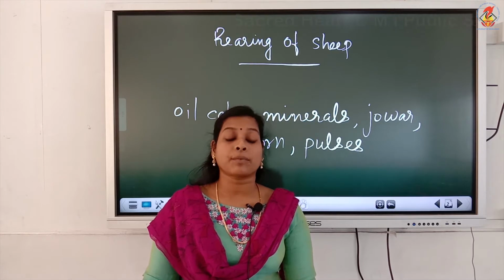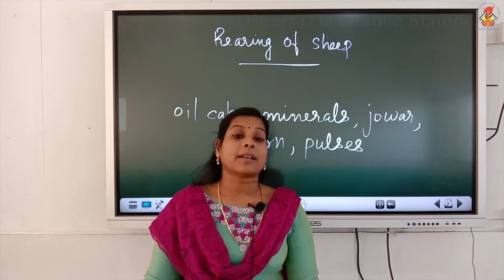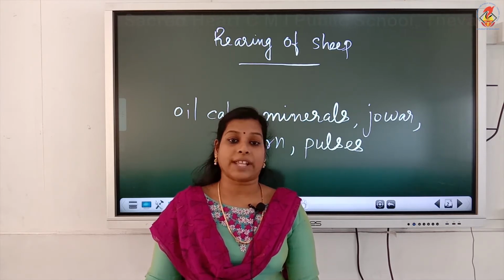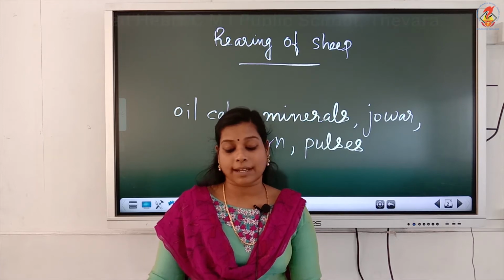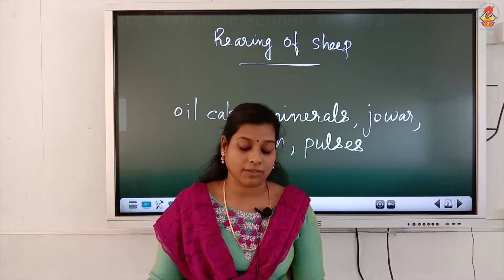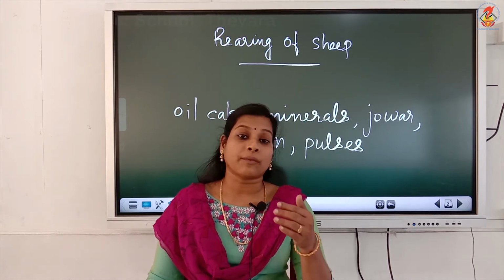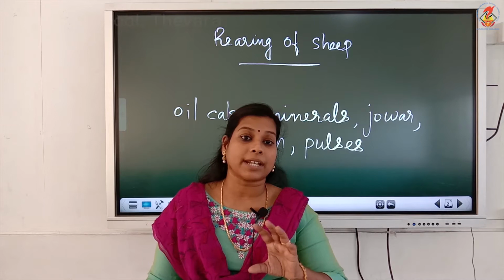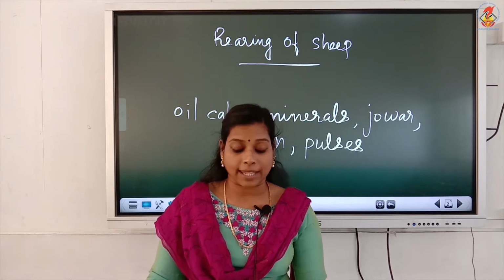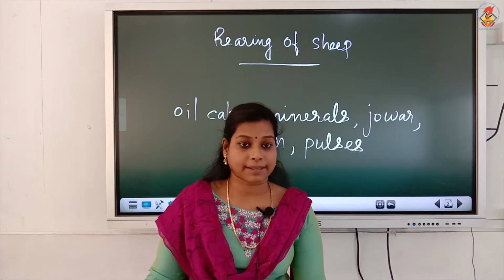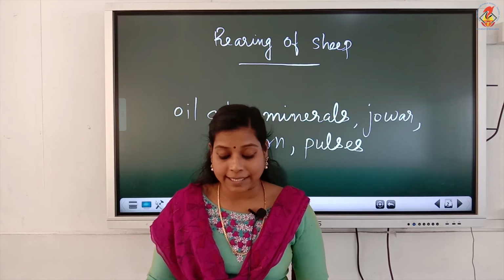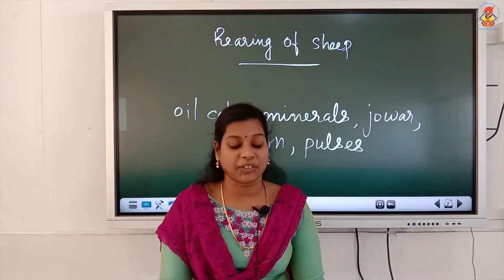Then Rampur Bushehr gives brown fleece, and that is found in Uttar Pradesh and Himachal Pradesh. Nali wool is used for making carpets, and is seen in Rajasthan, Haryana, and Punjab.